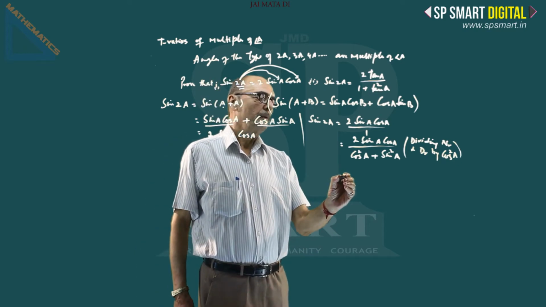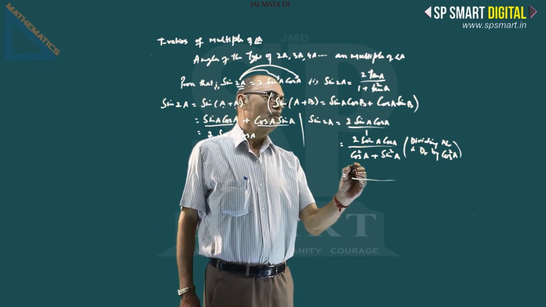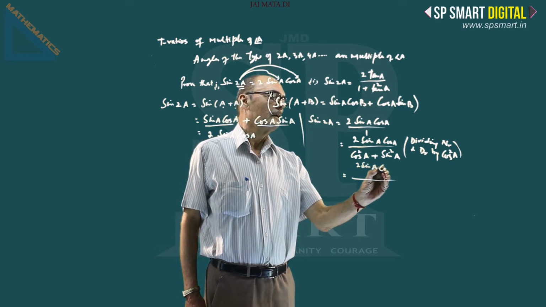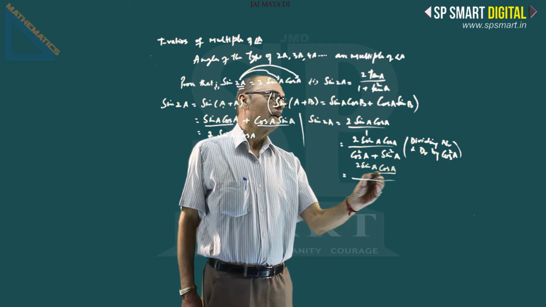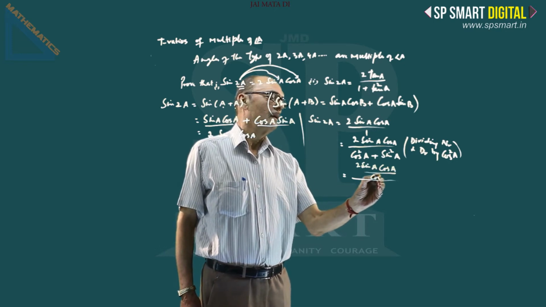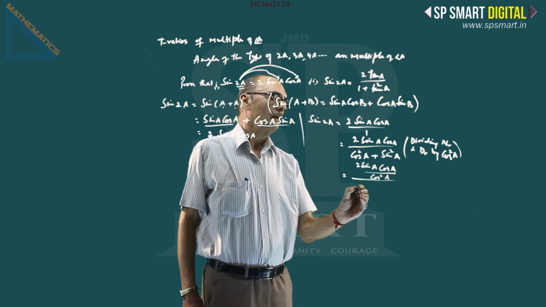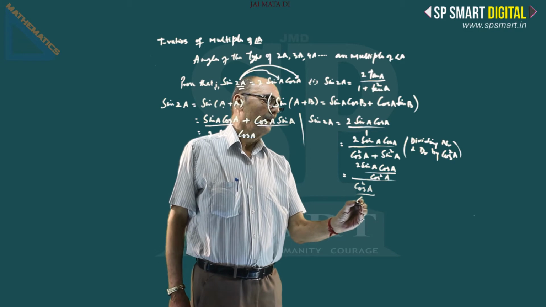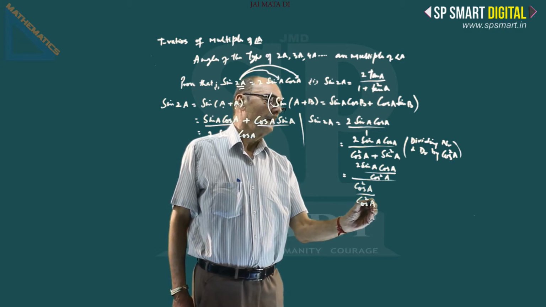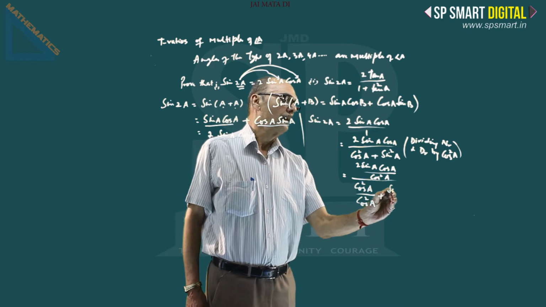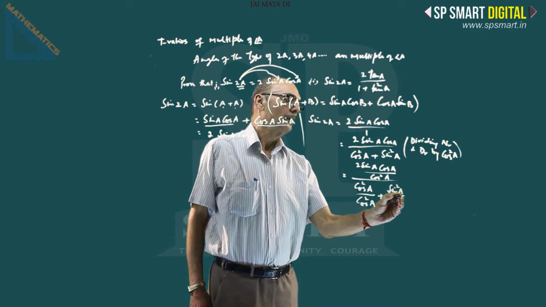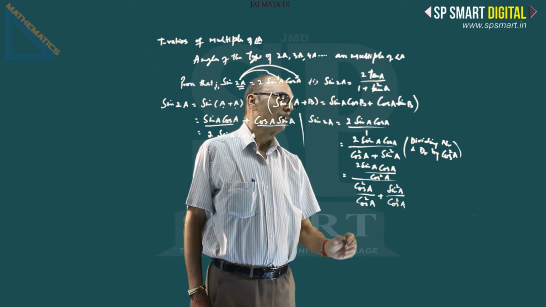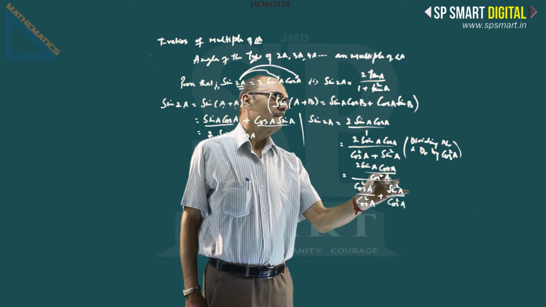So, this comes out to be 2 sin of A cos of A divided by cos square A. Likewise, in the denominator cos square A divided by cos square A plus sin square A upon cos square A. Now, this cos gets cancelled with this.